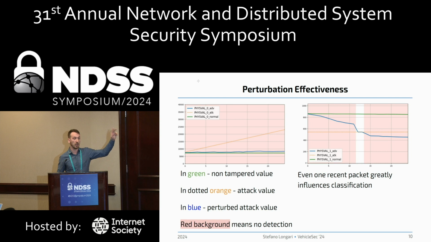The orange dotted line is the attack as it was designed by the attacker. The blue line is what happens when you perturb the attack to make it evasive. So in the first case, as you can see, the blue line is identical to the non-tampered line. So basically, this is not an attack anymore. We have perturbed the message so much that this is not an attack. In the second case, instead, we have found some instances where the attack actually remains an attack while not being detected.